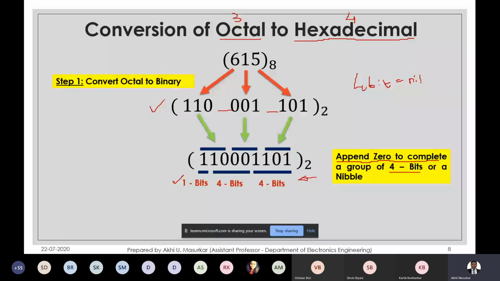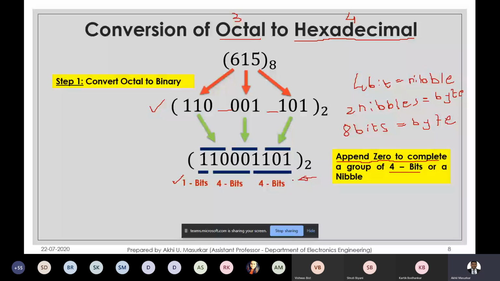So 2 nibbles will give me a byte. 2 nibbles means 8 bits, which we generally call a byte. But anyways, since we are talking about grouping of 4, grouping of 4 is also called a nibble.